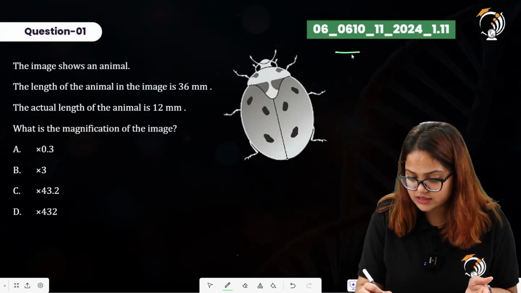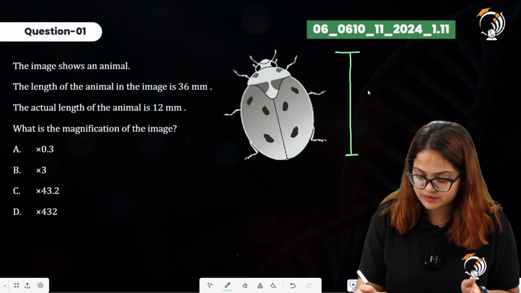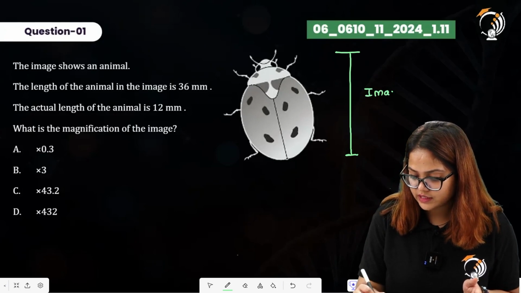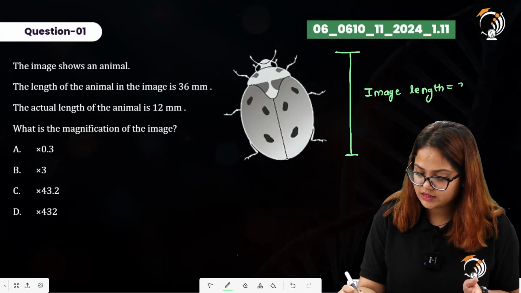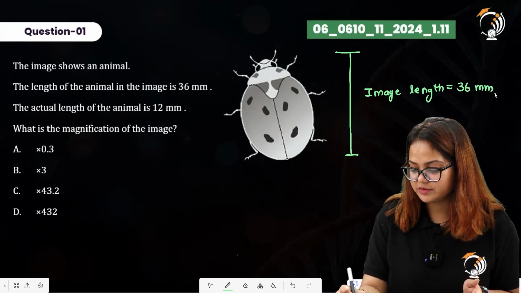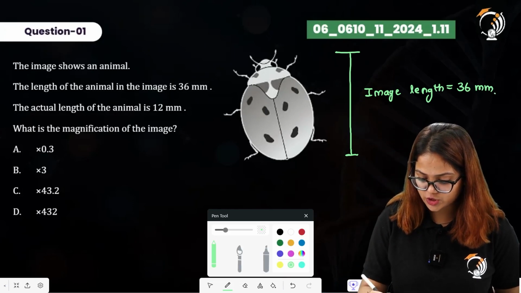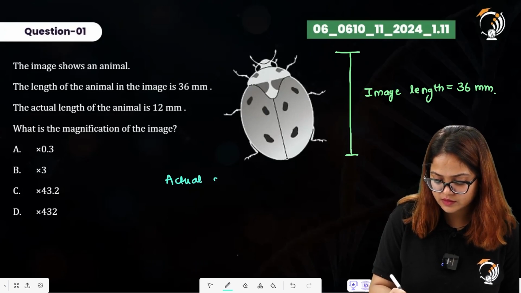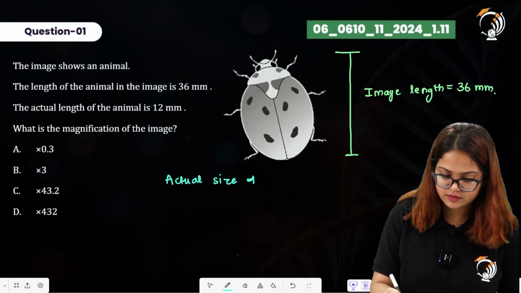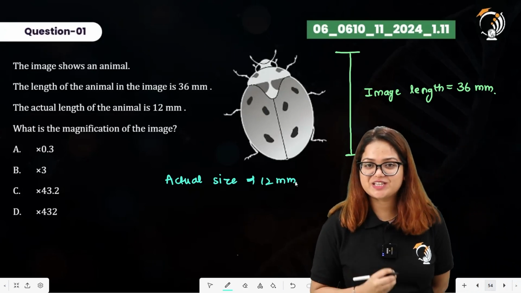So the image length here is 36 millimeter. Then you have the actual size, which is also provided: 12 millimeter.